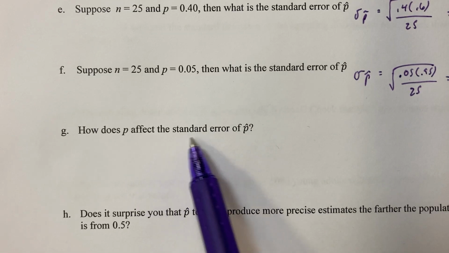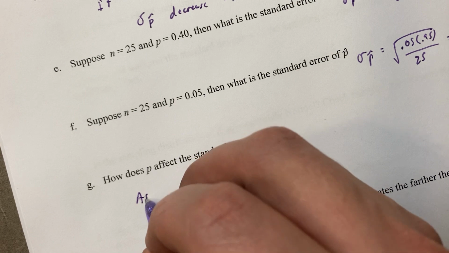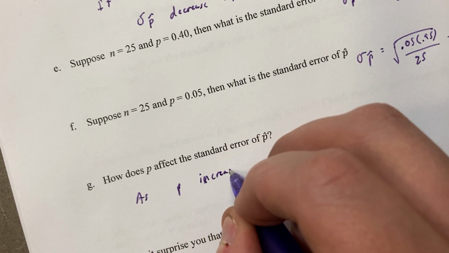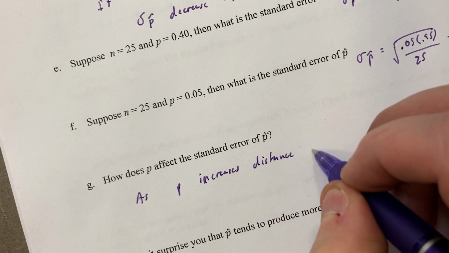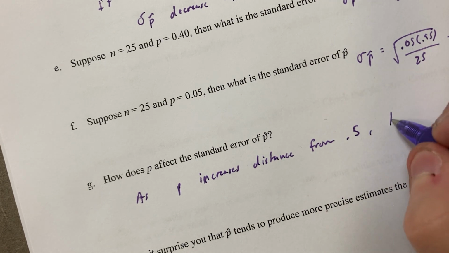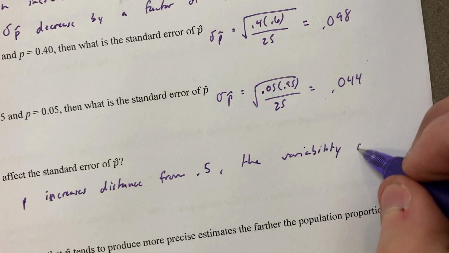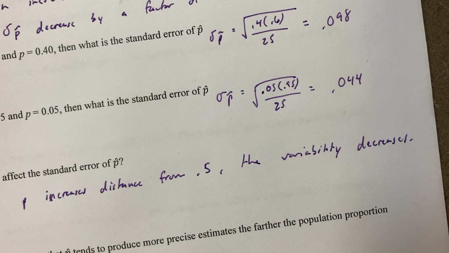So how does p affect the standard error of p hat? You could say something like, as p increases in distance from 0.5, the variability decreases.